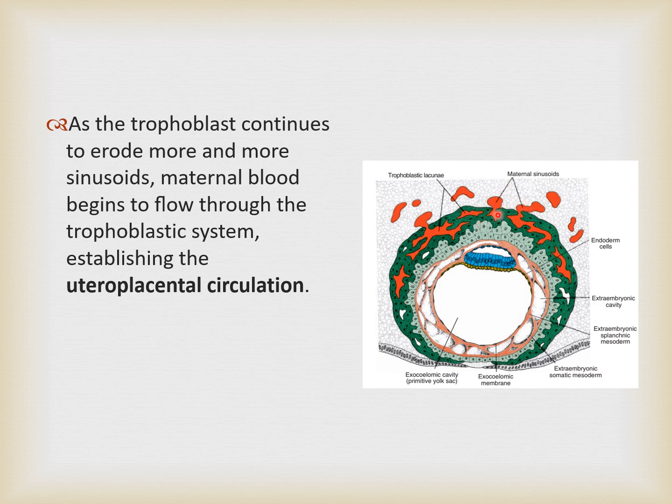And now here is the beginning of the establishment of uteroplacental circulation. With further development of the embryo, the placenta forms and the embryo gets nutrients from the mother through this placenta.